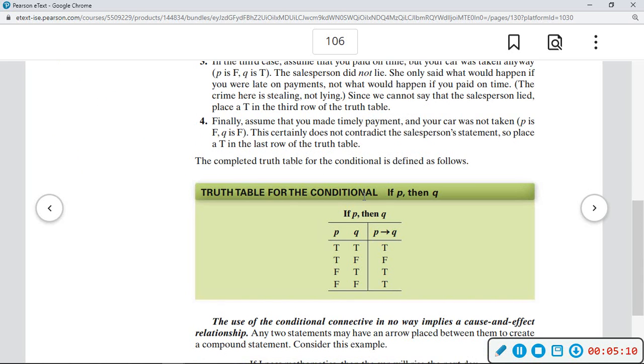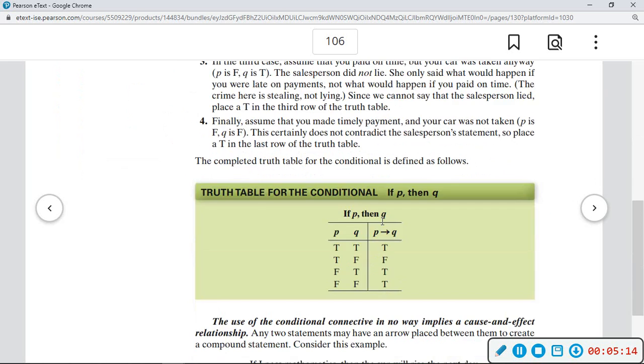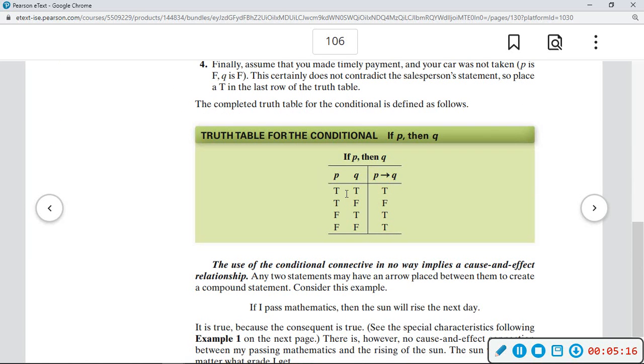Okay, the truth table kind of explains some of this up here. This is conditional. Remember, it's only false if you have the first part true and the second part false. So these are scenarios. If the consequence is true, right here, what they're saying is since the consequence is true, you automatically get true as the final value. And then you have another case where the antecedent is false.